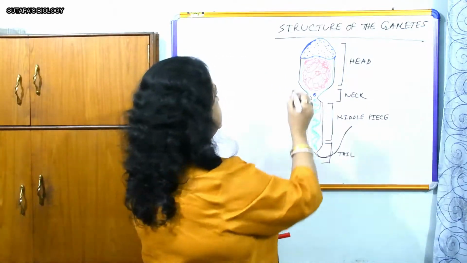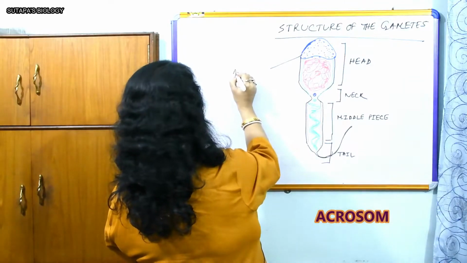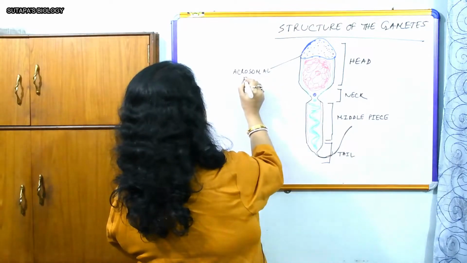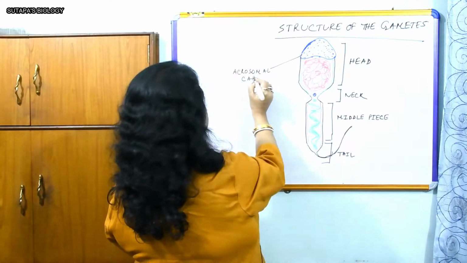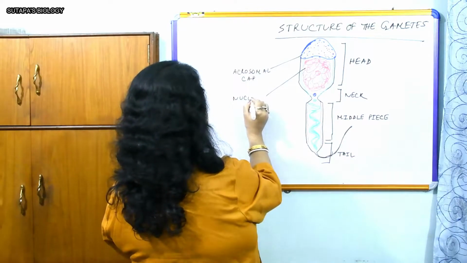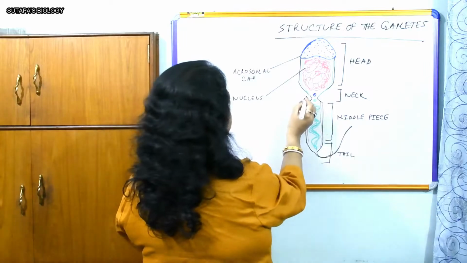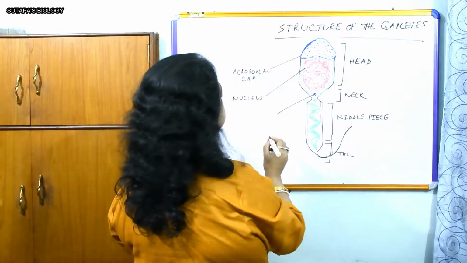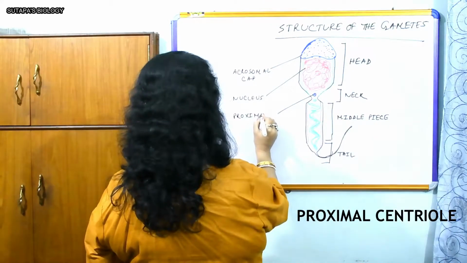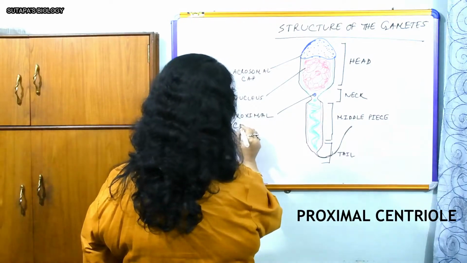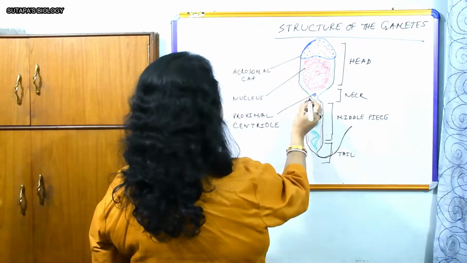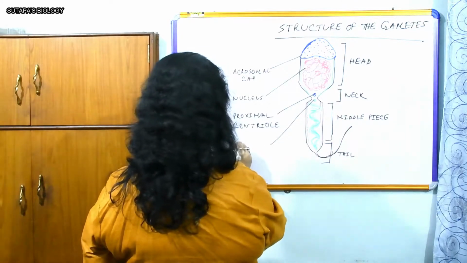And what about the other things? This is the acrosomal cap. I am coming to details later about it. Then it's the nucleus. Then this is the proximal centriole. This is the distal centriole.